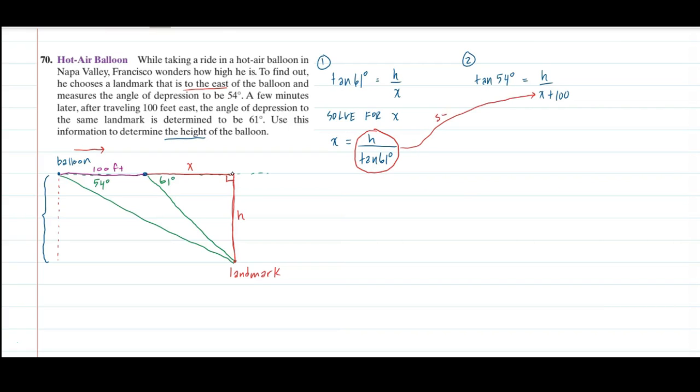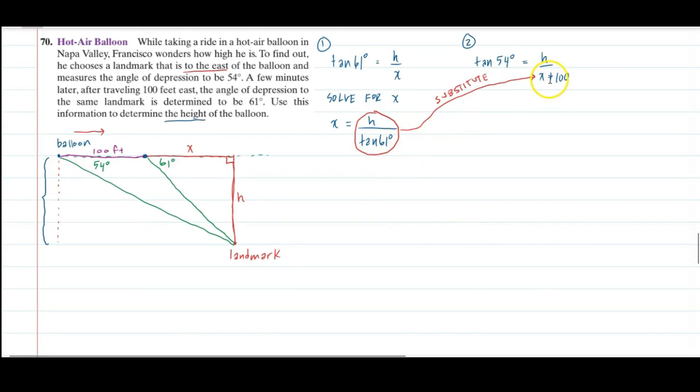I will substitute it into the other equation. You will see where this is going in just a moment. Substituting h over tan 61 degrees into equation number 2 leads to quite something that we need to solve, and that's going to take us some time.